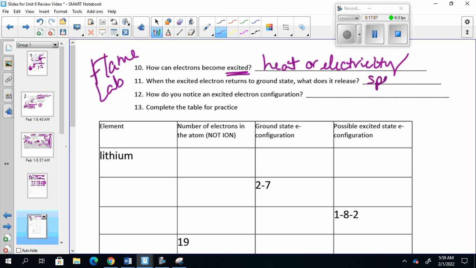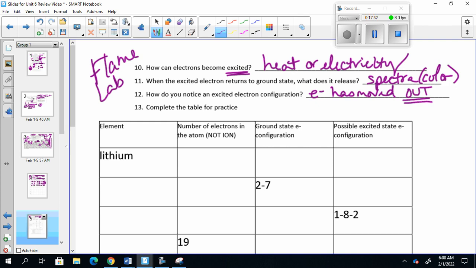It releases spectra. And spectra, again, was the color of the flame that we saw. How do you notice an excited electron configuration? It has the correct number of electrons, but an electron has moved out. So it goes to a different shell.